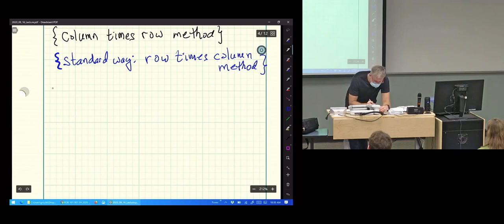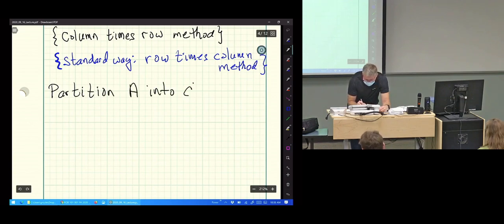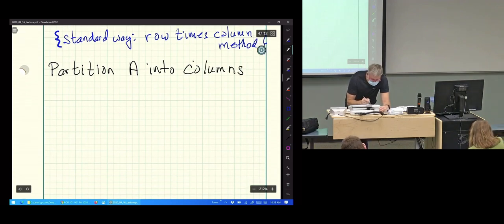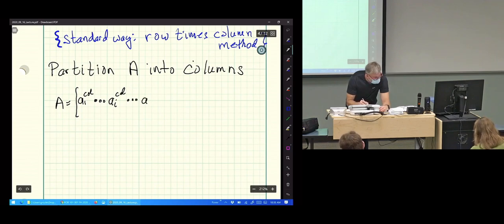We're going to partition A into columns. Here's A, and we're going to write it as A1 column, dot, dot, dot, here's the ith column, dot, dot, dot.